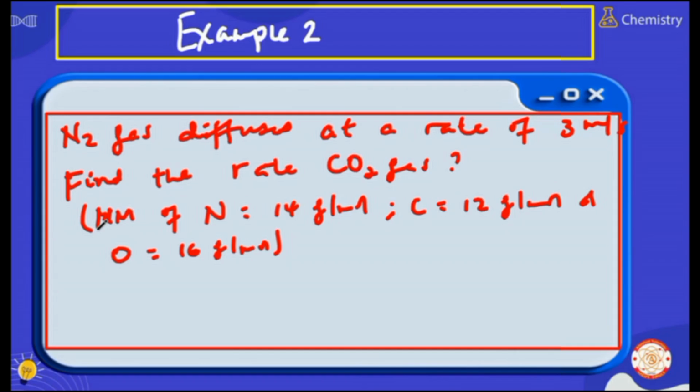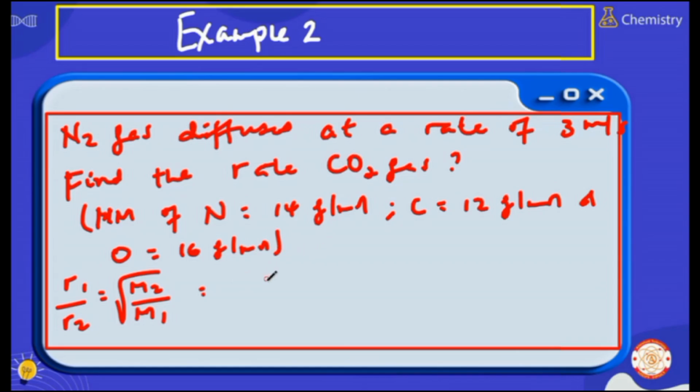Alright, now to solve this problem, we have to apply Graham's law of diffusion, and that is rate 1 over rate 2 is equal to the square root of molar mass of the second gas over molar mass of one.